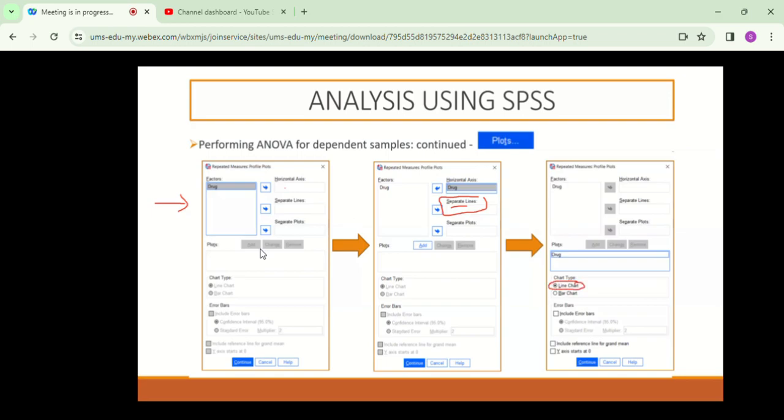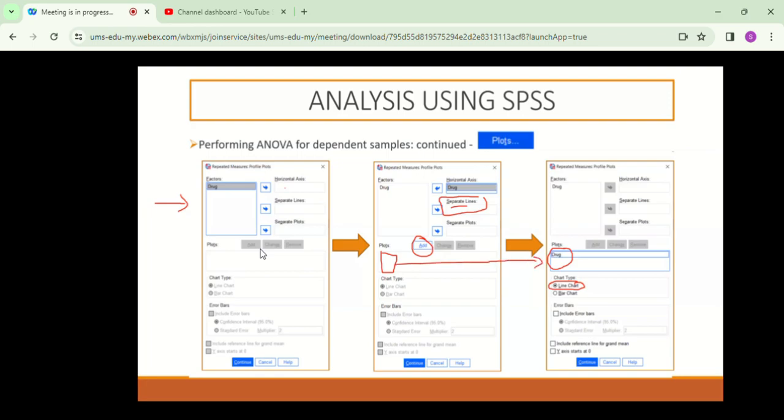When I put the drugs in the right box, I need to click the add button, as usual. It will go to this box. That's why you can see from here.